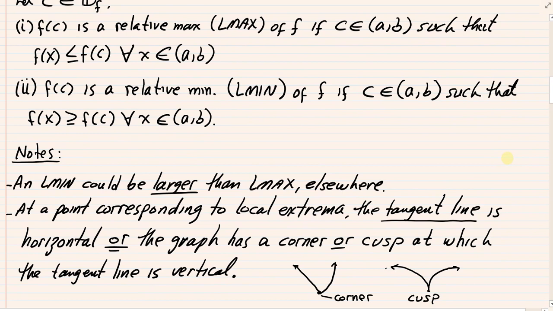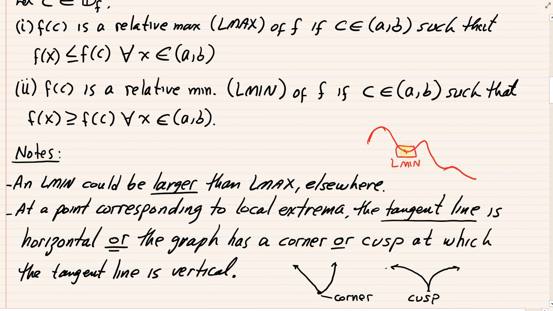Okay, so for example, let's say I have something like this, and if I look at just the interval here, let me make this differently. There. And if I look at this local minimum over here, this would be a local min, right?